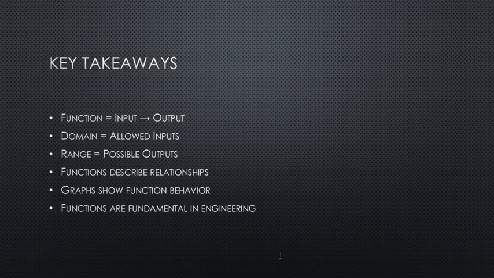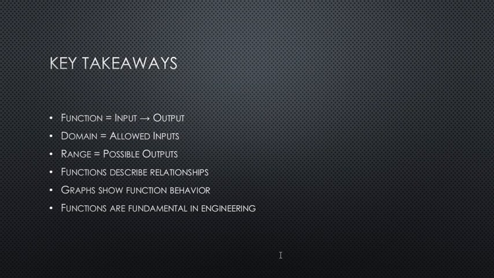Let's summarize what we learned in this lesson. First, a function describes a relationship between an input and an output. Second, the domain represents all allowed input values. Third, the range represents all possible output values.